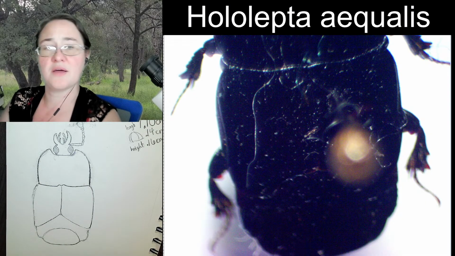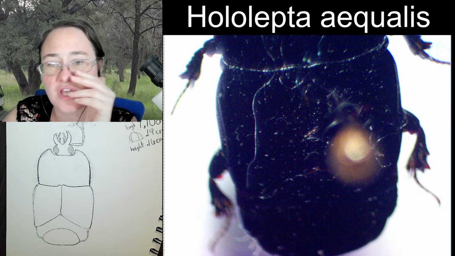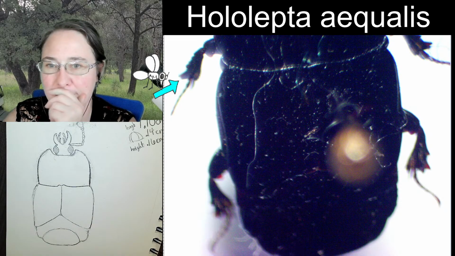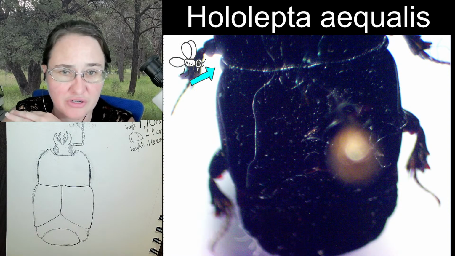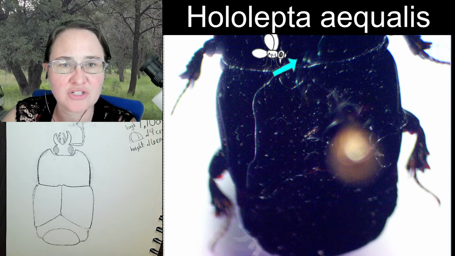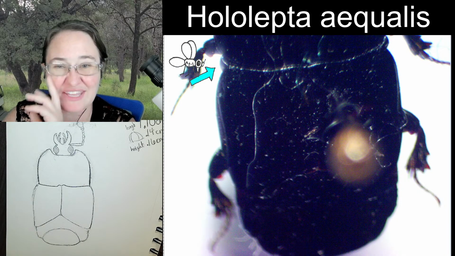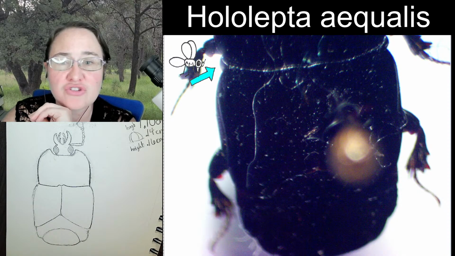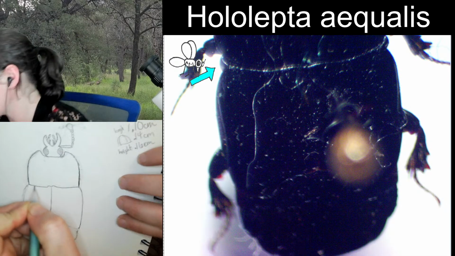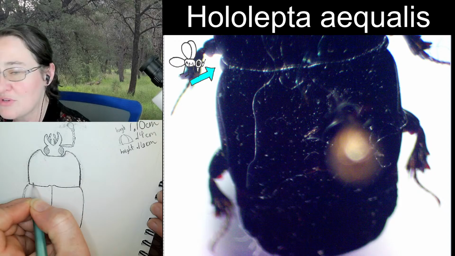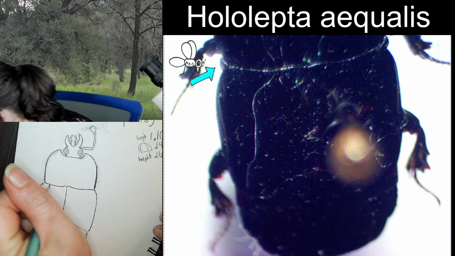Now, something that I like to do, especially on beetles where we don't have a lot of textural or color designs, I like drawing in this little ridge here, especially when the ridge catches light like this one. So on my beetle, I'm going to double up this bottom line and give it the ridge. I'm just going to make sure it doesn't touch the left or the right side.